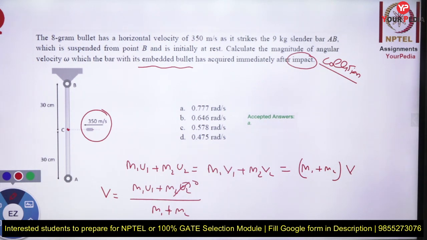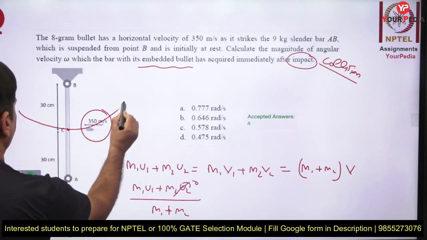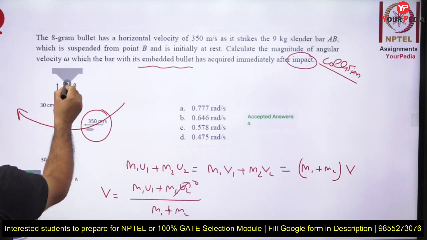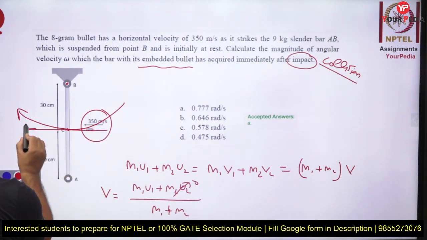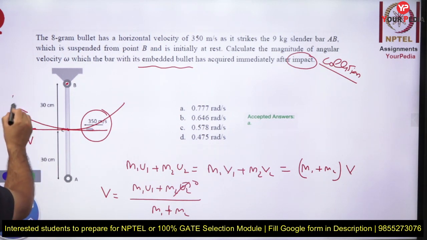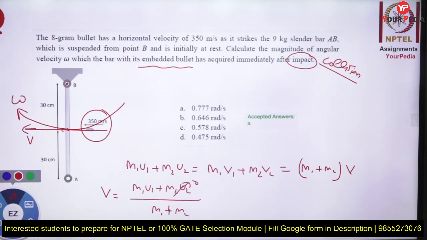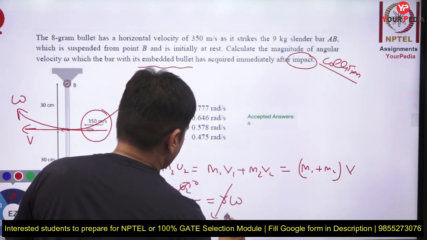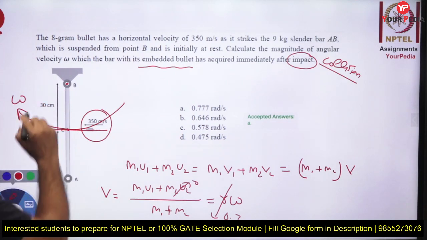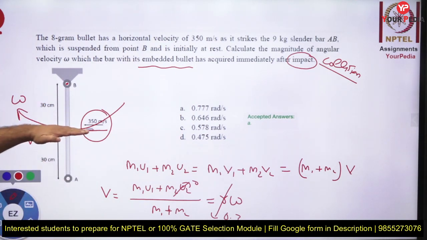Now you see this carefully, this body is a purely rotating body. This is fixed at this point B. This cannot display the linear velocity, but at this moment of collision, it will have a linear velocity. Do you know the relation between velocity and angular velocity? V is equal to r into omega, and r in this case is 0.3 meter. So the velocity of the center of mass will be equal to r omega.